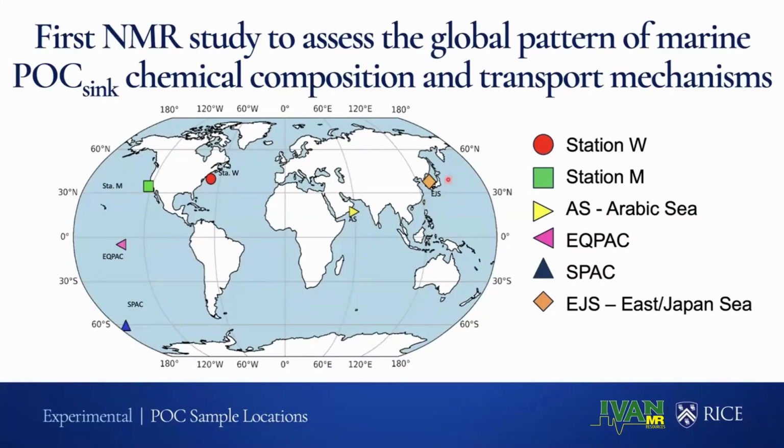Our global NMR study on POC will report spatial and temporal changes in the bulk POC chemical composition. And to the best of our knowledge, this is the first attempt to assess the global pattern of POC chemical composition using carbon-13 NMR.